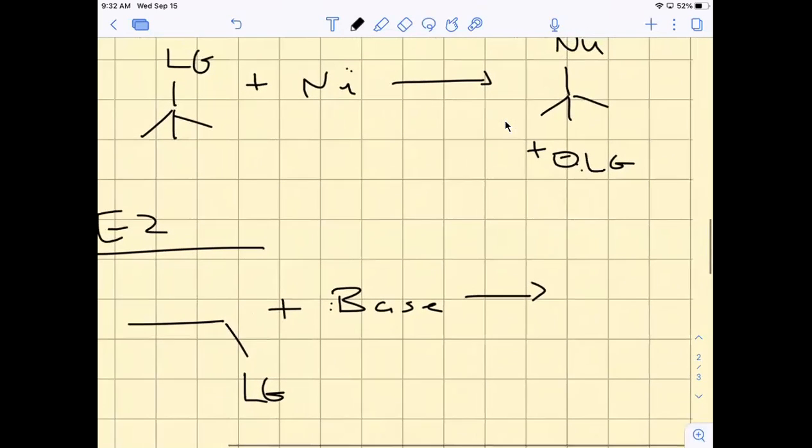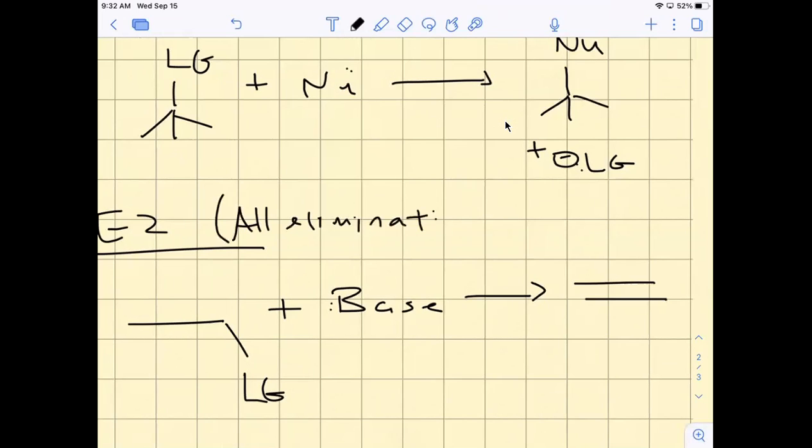All right, so this is an example of an E2. One of the things about eliminations, we learned this in part 1. All eliminations result in the formation of pi bonds.